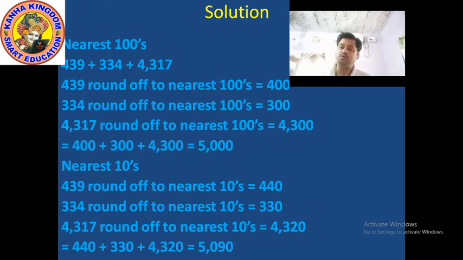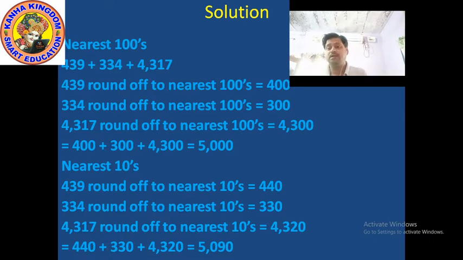Here also two rules apply. If the ones place value is less than 5, you convert the ones place value into 0, and nothing changes in the tens place, and nothing changes in the 100 place.